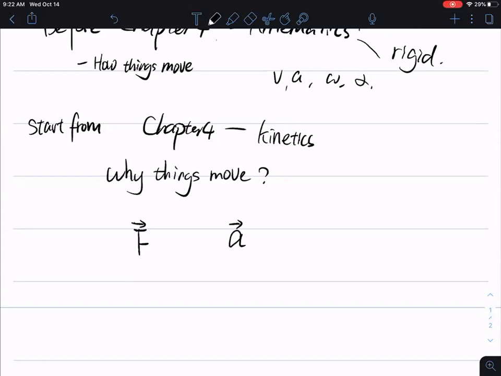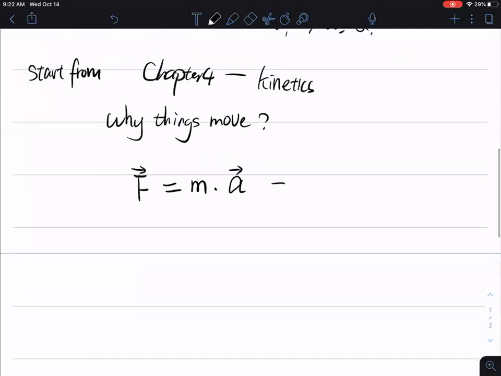Then how would you relate them? Multiplication, and that looks familiar. If we add an equal sign, what is this? This is Newton's second law.